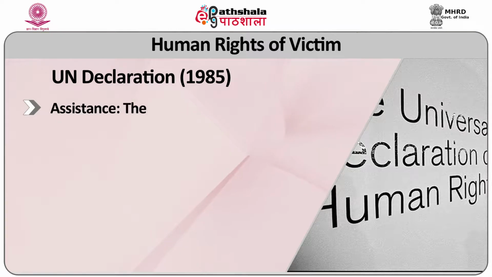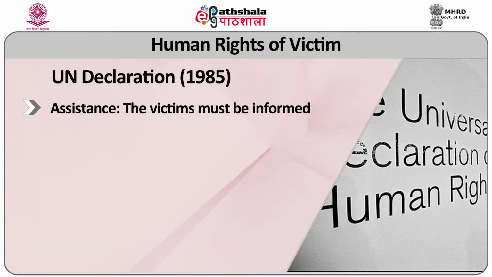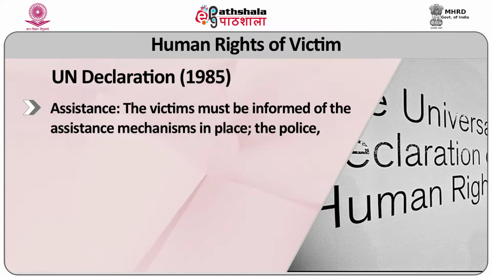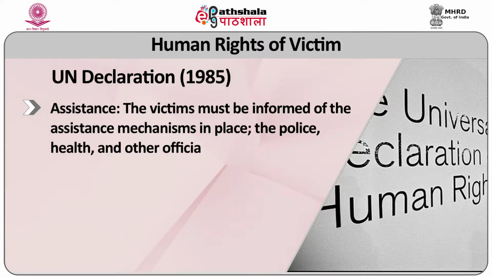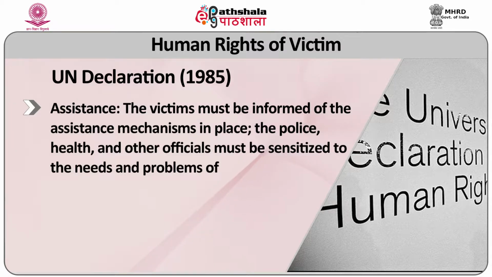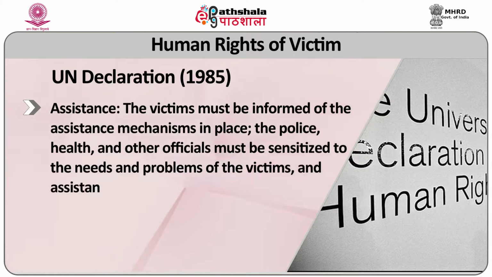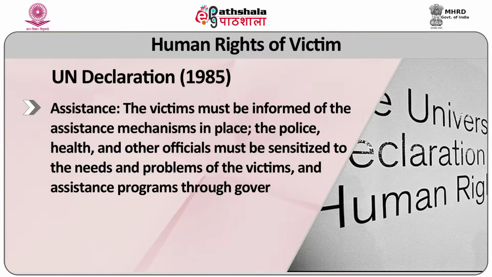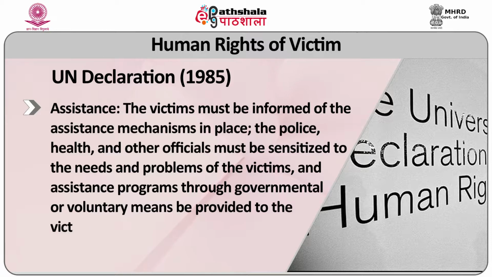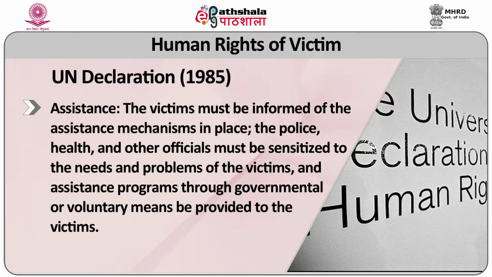And then assistance required. The victim must be informed of the assistance mechanism in place, and the police, health and other officials must be sensitized to the needs and problems of the victims. And assistance programs through governmental or voluntary means be provided to the victims.